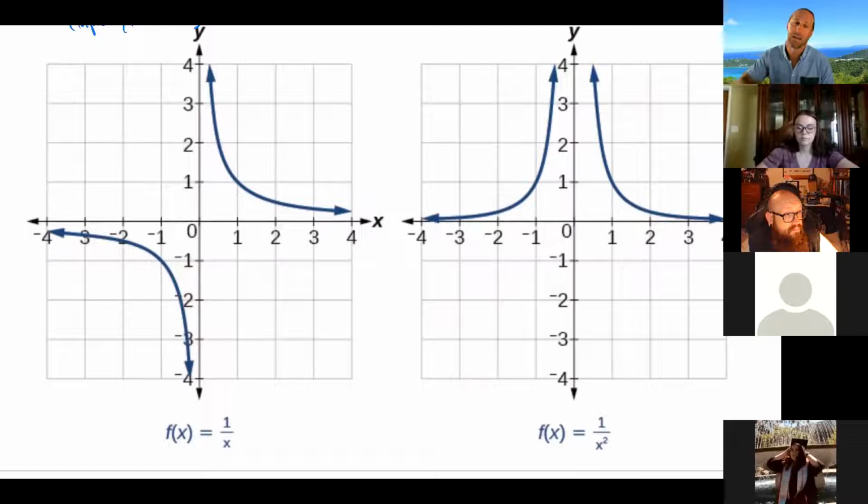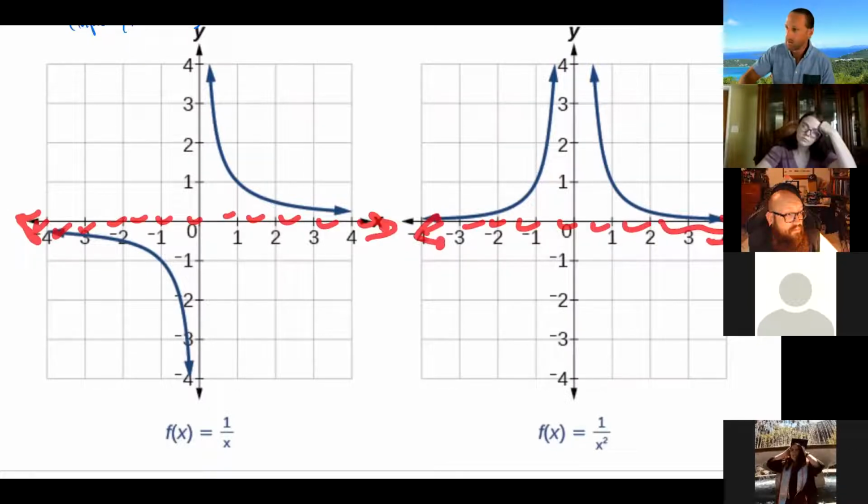But we're going to add in another thing today called a horizontal asymptote, which we've kind of spoken about a little bit previously. If you can see, I also have a horizontal asymptote. But this time it would be at what? Y equals 0.